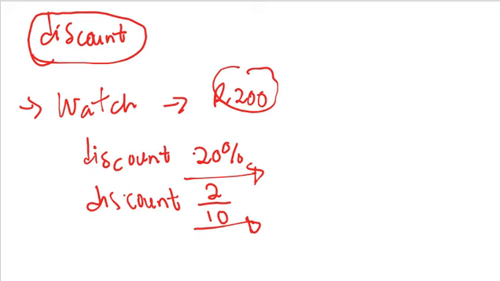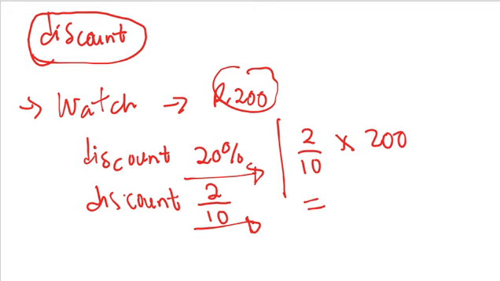You know that you can write 20% as a fraction. The way you calculate the discount is the same as with the percentage. You must first find what is 2 over 10 of 200. You're going to say 2 over 10 times 200.